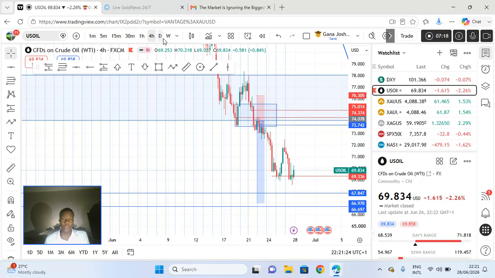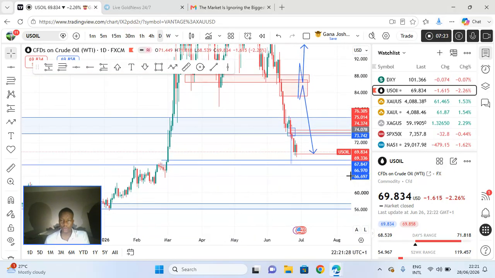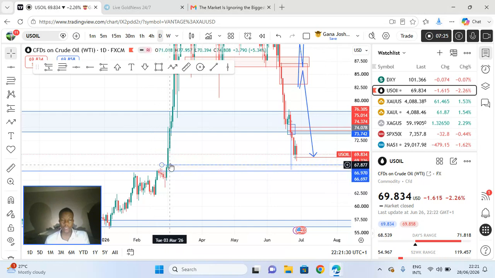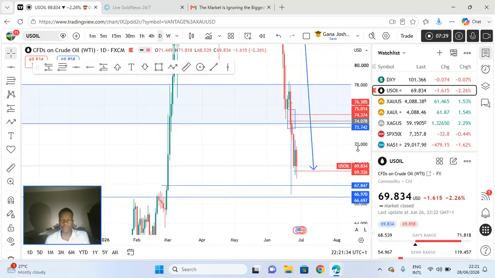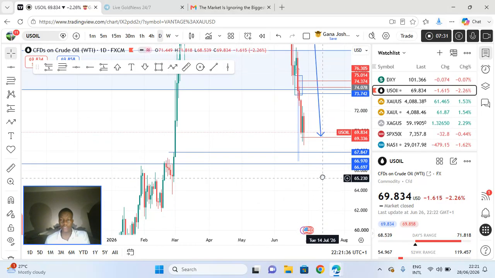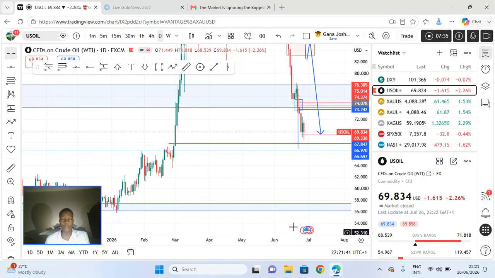Overall, what we're looking out for on oil is the next level of support. Reasonable support is the range between 67.87 and 84, which leaves us around, I think, $66.